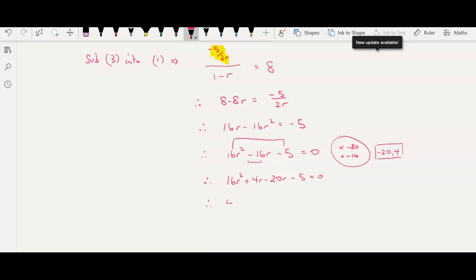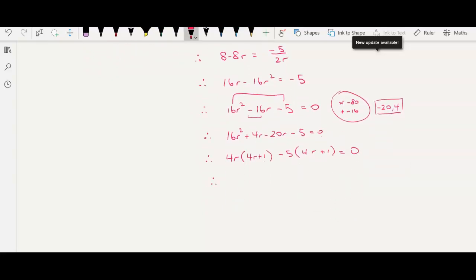Factorise in pairs. So I get a nice little bit of quadratic practice while I'm at it. So remember, I'm solving for r here, my common ratio.